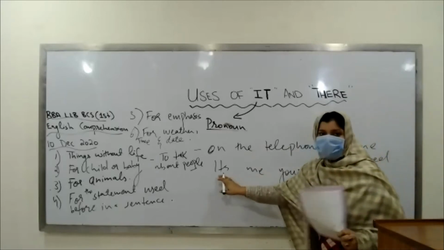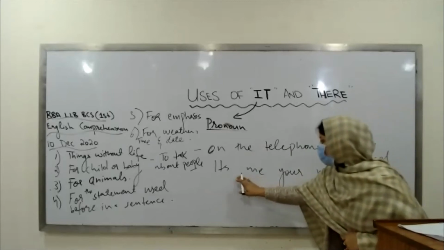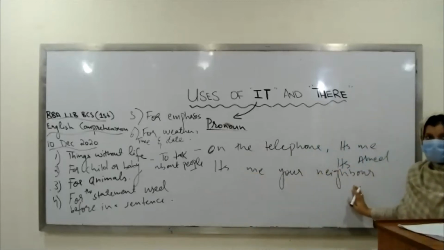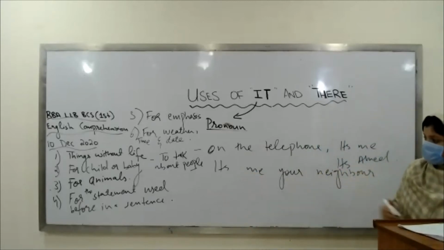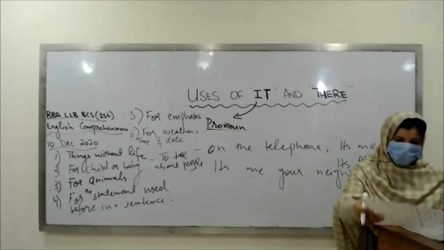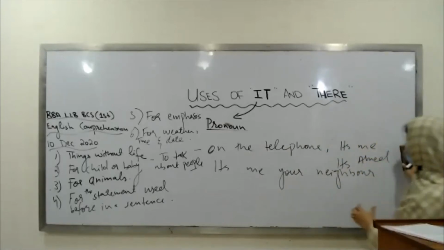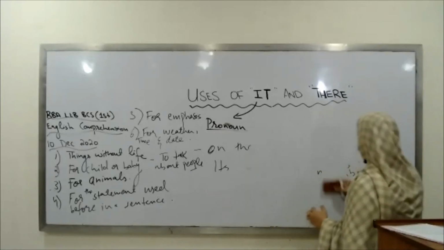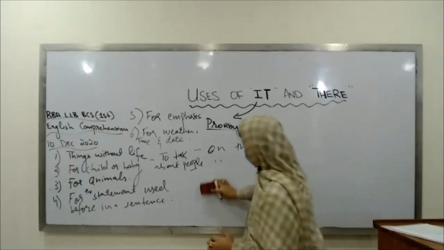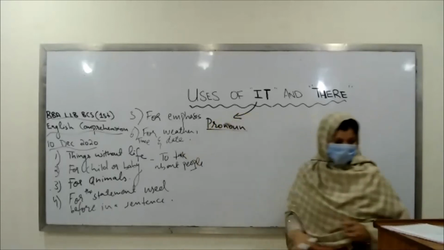And if someone is knocking on the door and you ask who is there, so the reply comes, it's me, your neighbor. So these are the uses of it. According to the next use, okay.